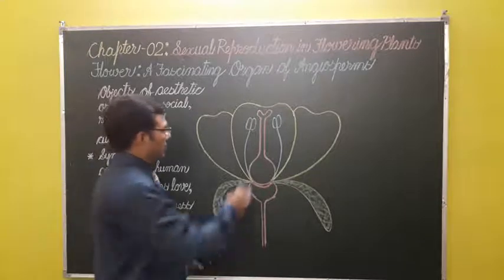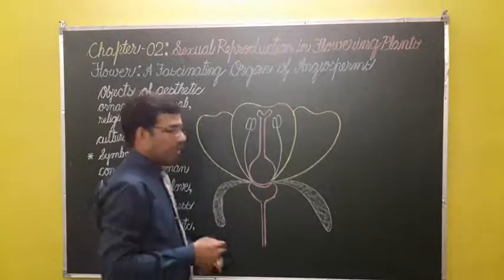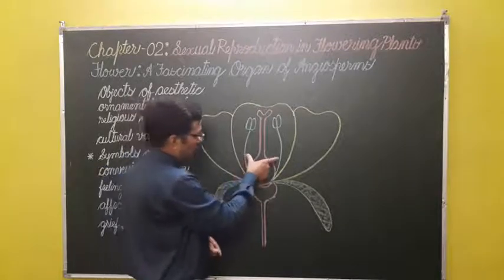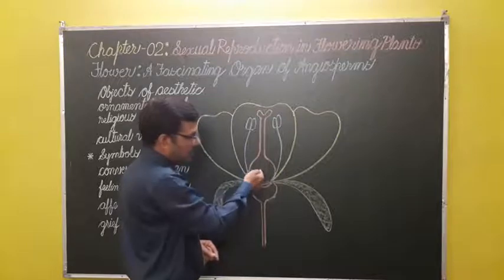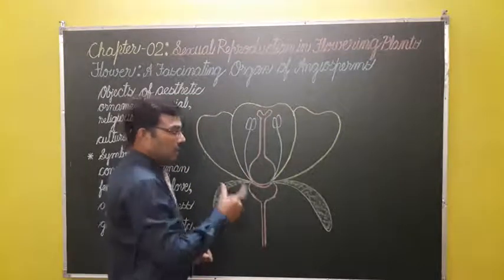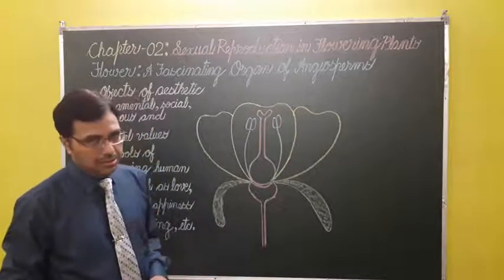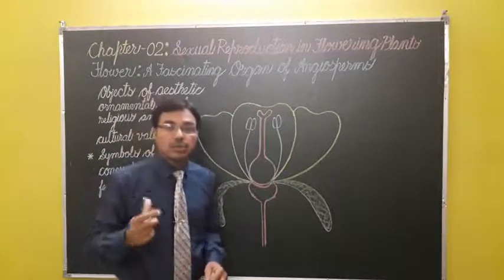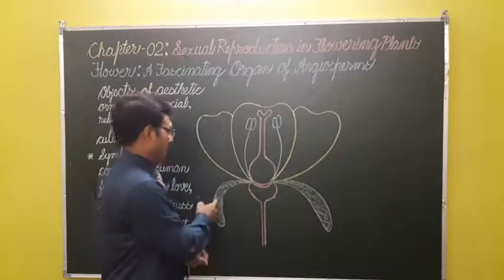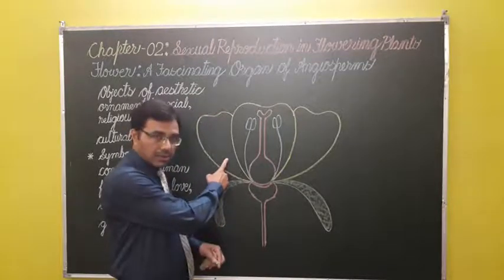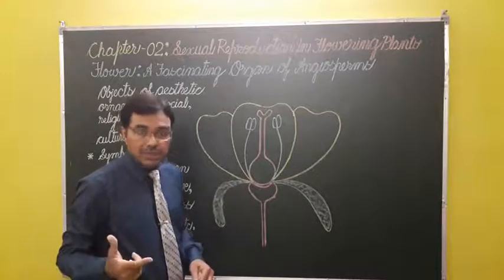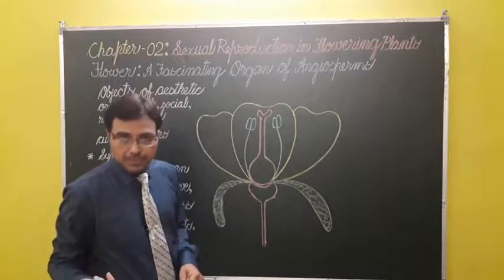So now we are moving to the inner two whorls, and here is the androecium and at the center gynoecium. Now androecium and gynoecium together form the essential whorls of a flower, right? So calyx and corolla form the non-essential whorls. Why? Because they have nothing to do with reproduction.